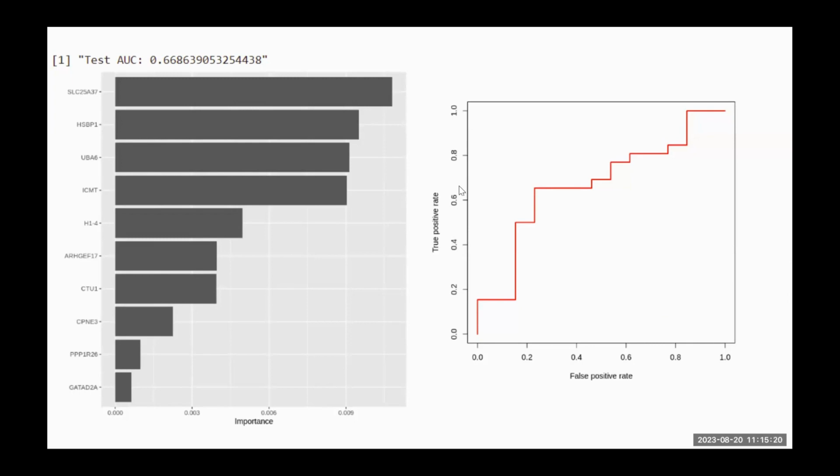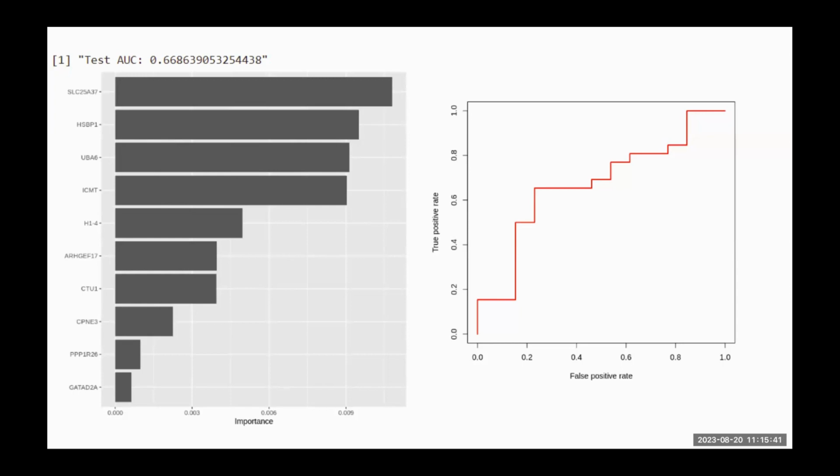And AUC, on the other hand, is the area under the ROC curve. It provides a single numerical value that represents the overall performance of a classification model.